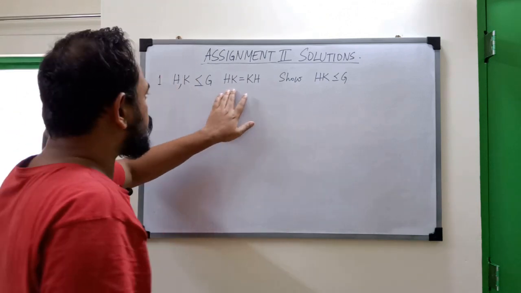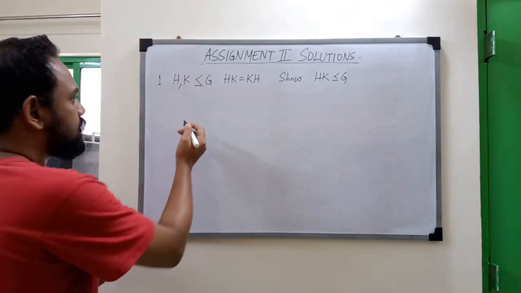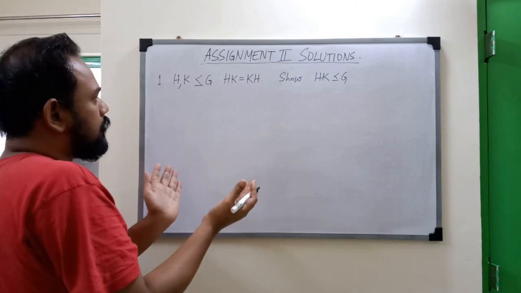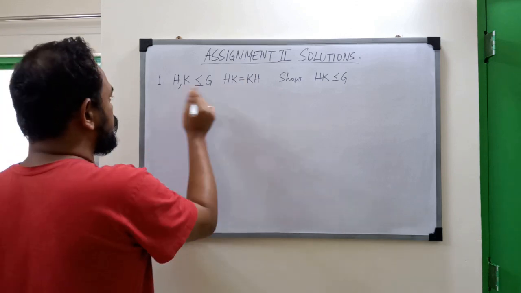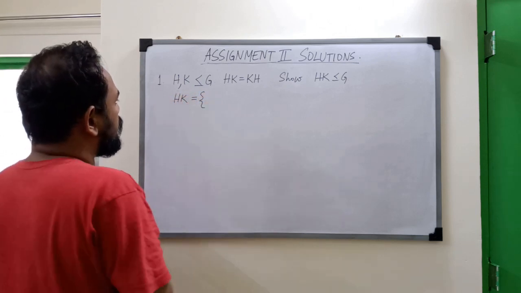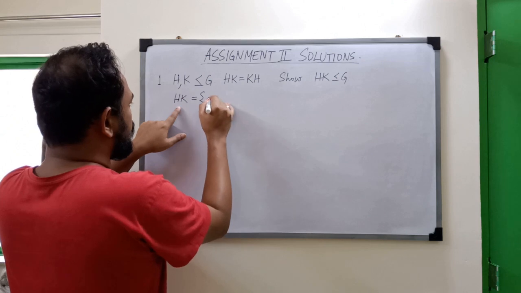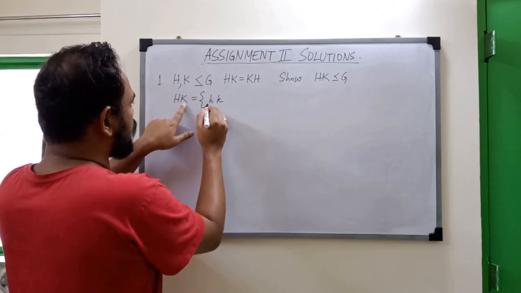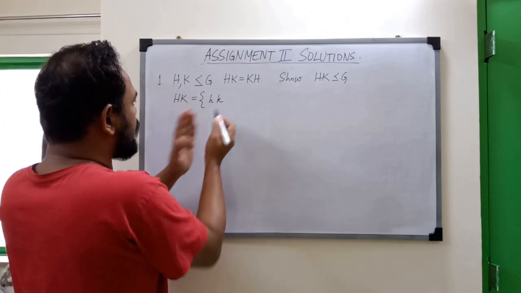Now, what is HK or KH that was given, that was defined in the problem? It's just the product of the elements of the two subgroups. So in other words, HK was the product of elements from capital H and elements from capital K, which I will respectively call small h and small k.